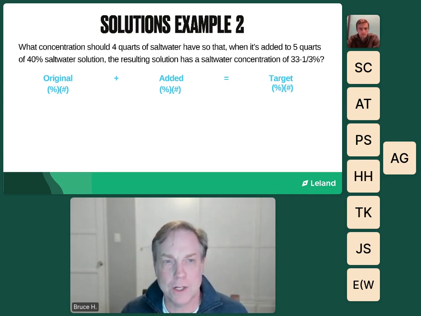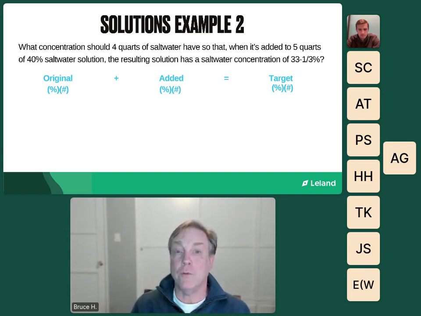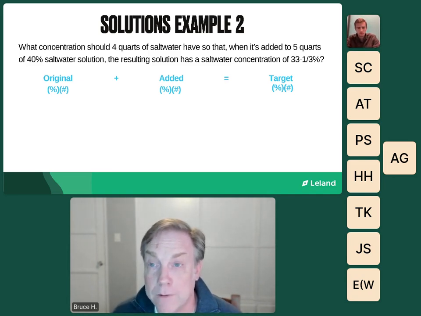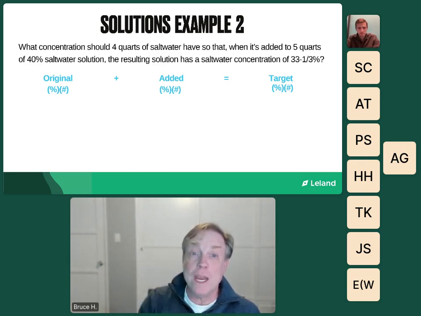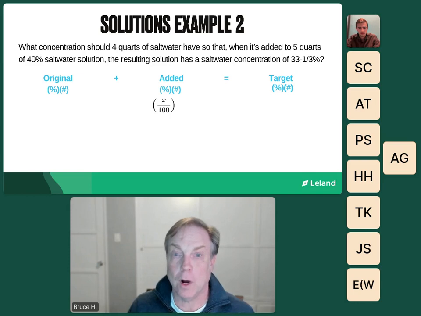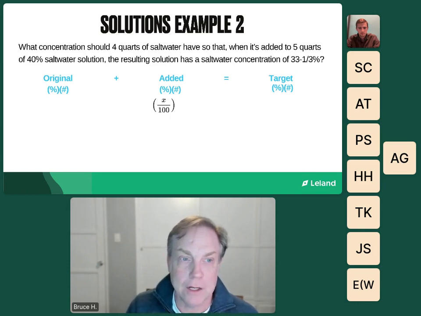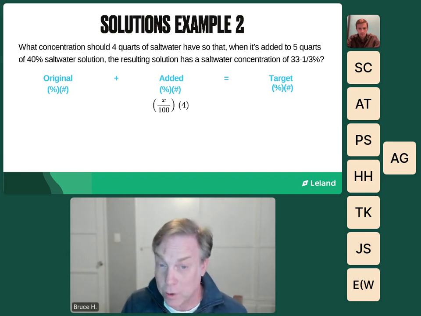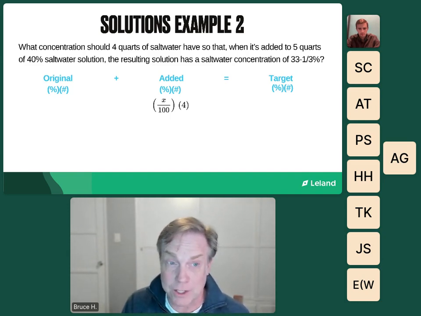What concentration? We're being asked for the percent. We need the percent. What concentration should 4 quarts of salt water have? So then when it's added, we need the percent added. We need an X over 100. Okay, so we've got 4 quarts of this stuff for sure. We just don't know what the percent concentration is.